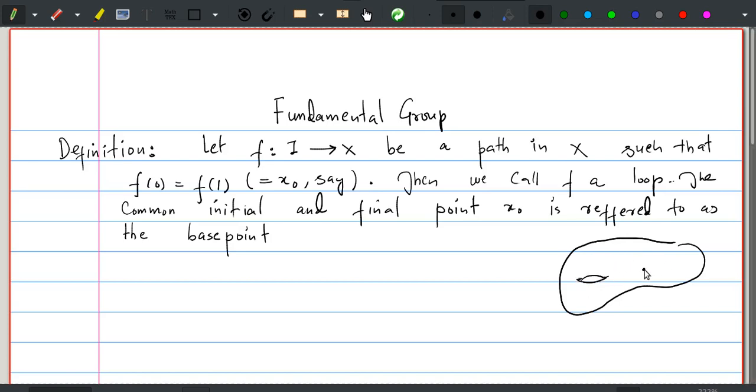Suppose this is a path with common initial and final point. So this is the base point. Let us name this point as x naught. So this is a loop in space X. Similarly, we can draw a loop around this hole. Suppose this is the base point here. Let us draw a loop here.